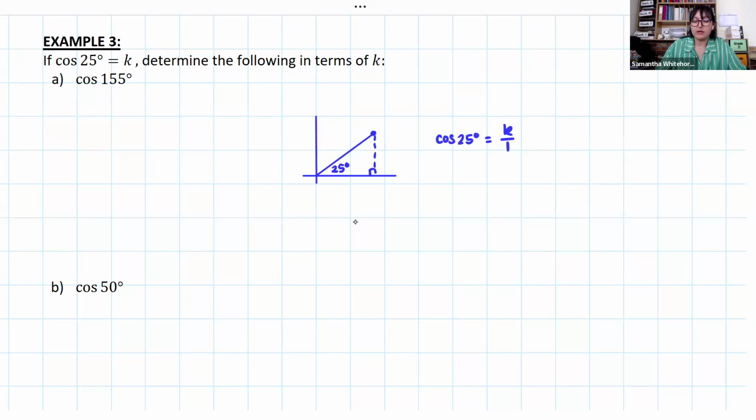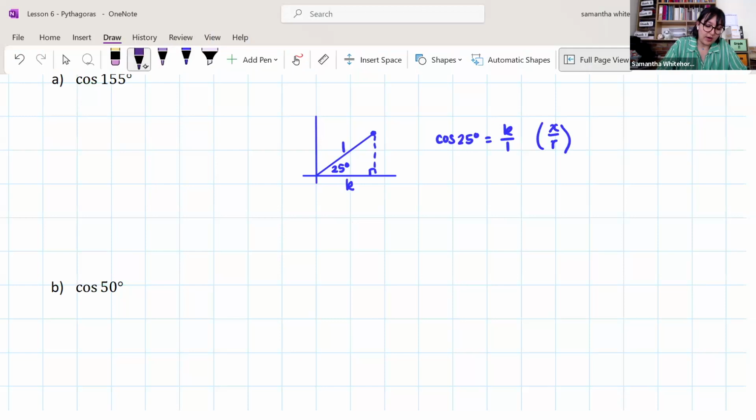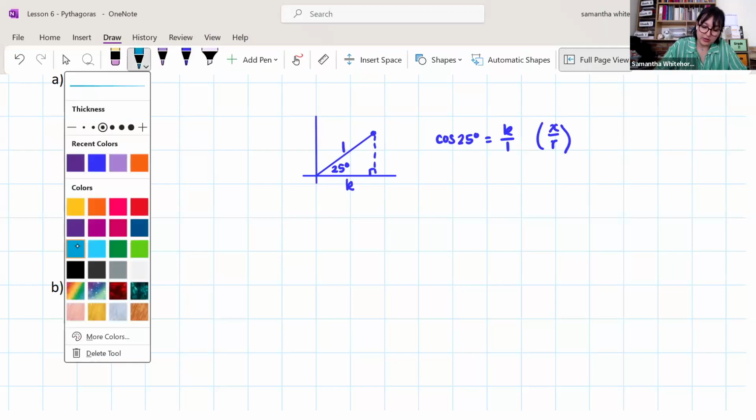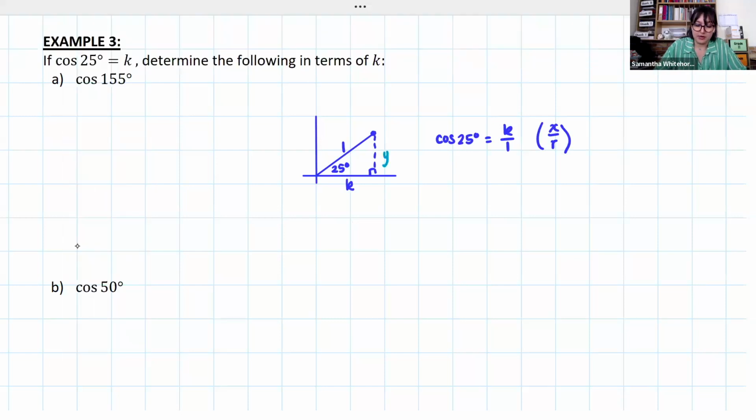So we've been told that cos 25 is equal to k. Now remember, that can be written as k over 1 because cos on your Cartesian plane is x over r, or adjacent over hypotenuse, whatever you want. It really doesn't matter. So that means this x value is k and my r value is 1. If I then want to find my y value, I can use Pythagoras.